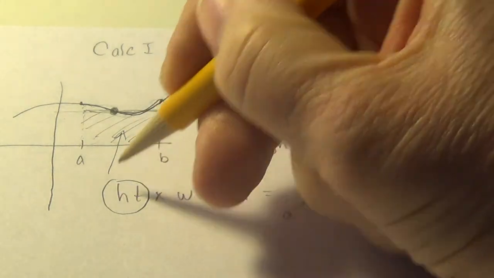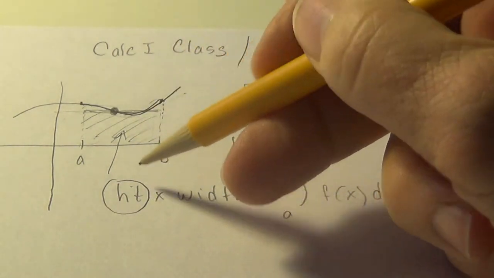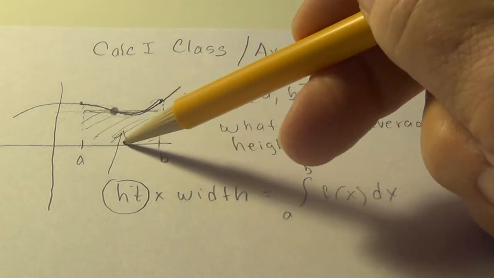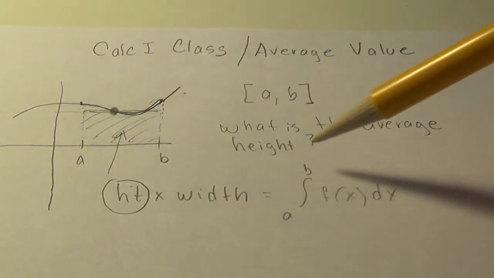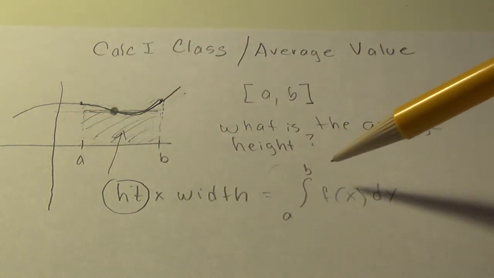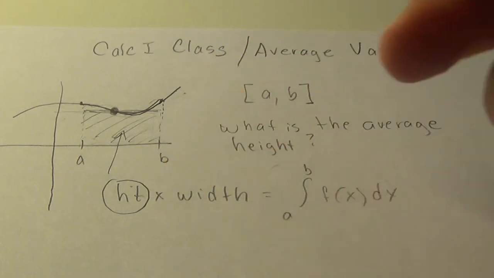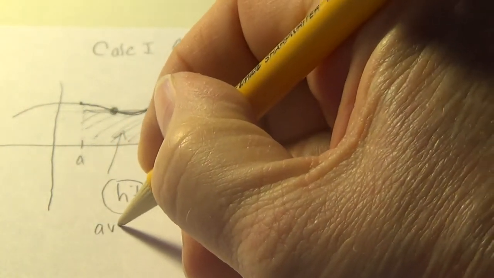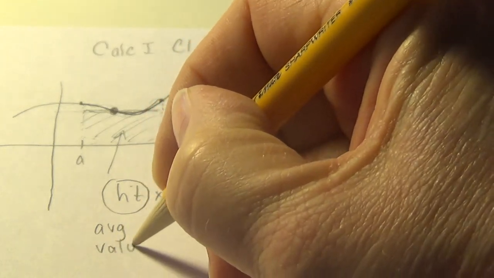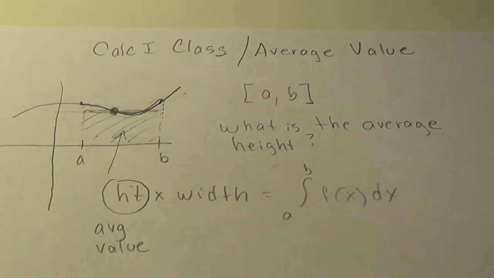That is that height right there that I'm talking about, so that when you multiply it by the width, you get the integral of the area under the curve. That height is the average value. And it will behave like this.